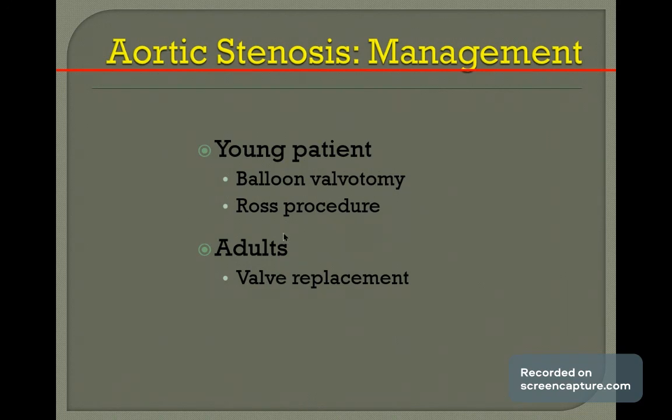The third preventive measure is very important. If the other valves are normal, you have to give the injection Panadol LA, that is benzathine penicillin, 1.2 million per month for whole life, because other valves will be involved in the future.